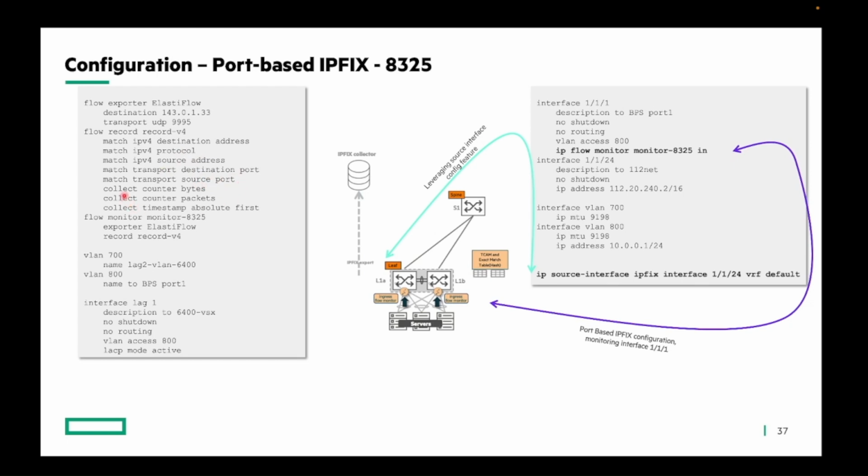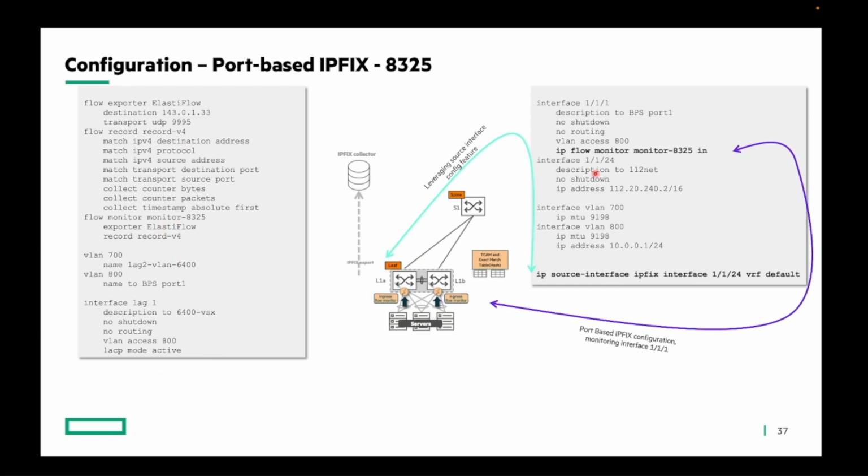And then collect counter bytes, packets, and timestamp absolute first. Remember, there is no absolute last as discussed earlier, and there are many other collect fields which are not available, but these are the ones which are available as of this release. And then under flow monitor we choose which exporter we have to use and which record, right? Since it is just one and one we support, I am using that.